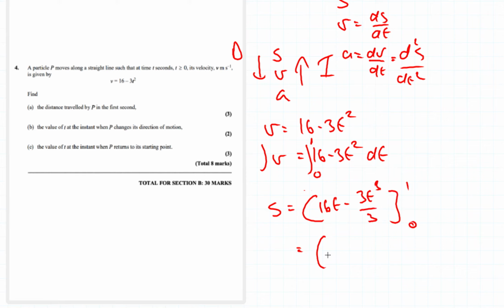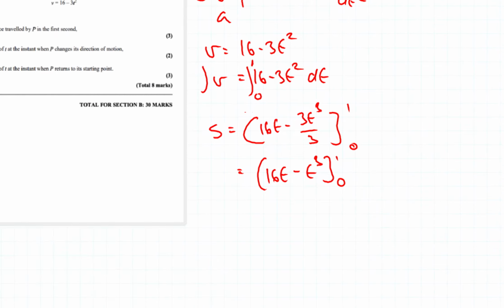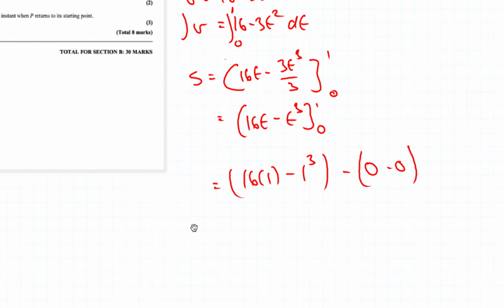Tidying that up slightly, it's just 16t minus t cubed between 1 and 0, and then plugging in the numbers is 16 times 1 minus 1 cubed, subtract 0 minus 0. Plugging that in, we get an answer of 15 meters as our final value.